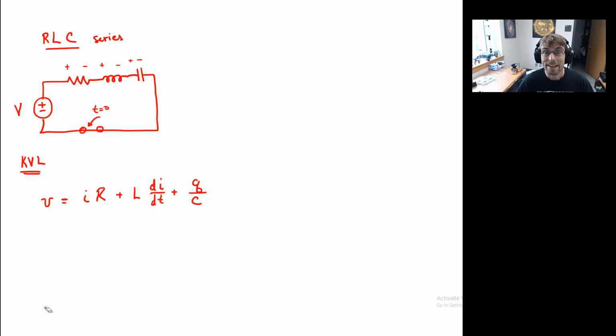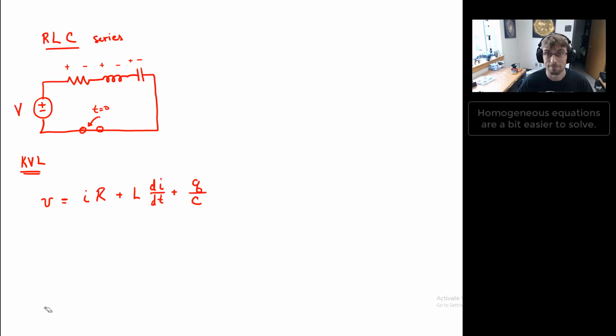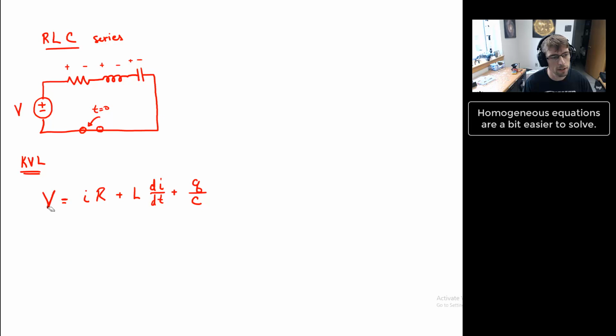Now, here's where I'm going to do a little bit of magic, right? First of all, this v is not time varying. This is a constant. At time greater than 0, this is a constant. Let's go ahead and take a derivative. So we get 0 equals, and now what do we have?